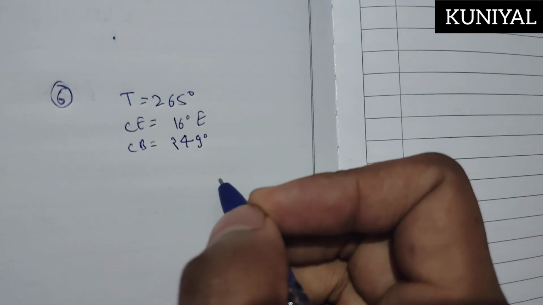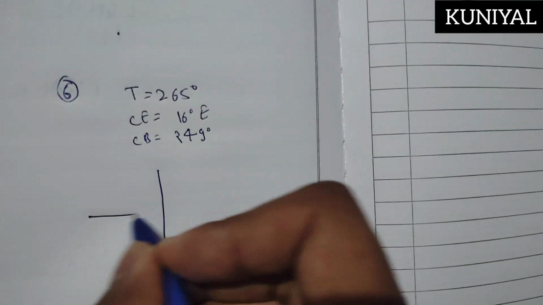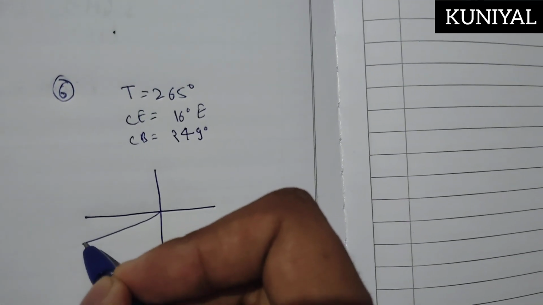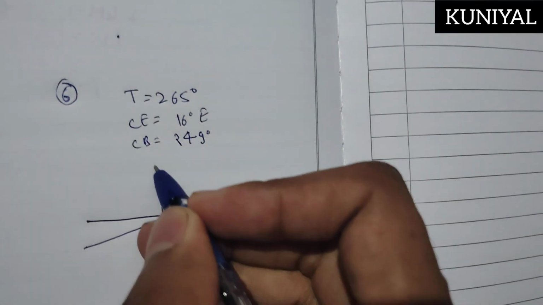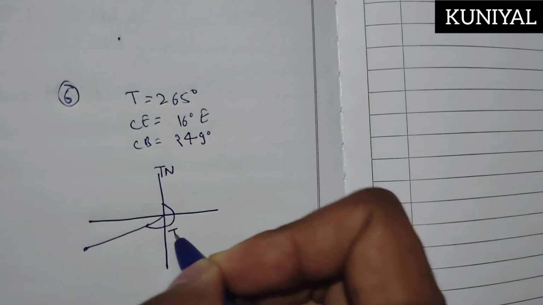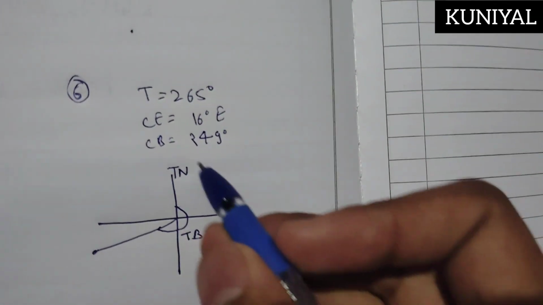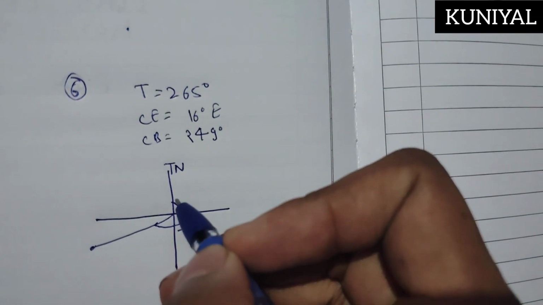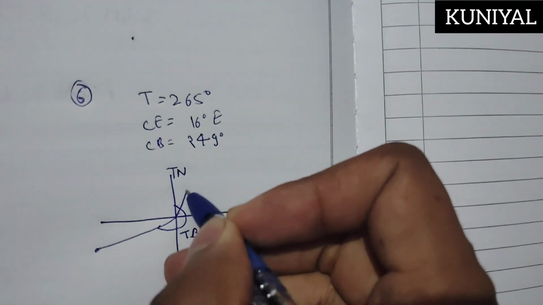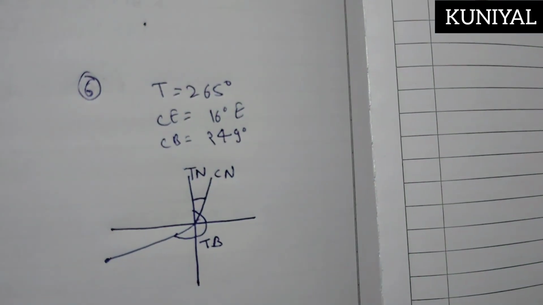And if you do it by the diagram method, then it will be something like this. The true bearing given is 265, so it will be somewhere here. This is true north and here is the object, so this will be the true bearing. The compass error is 16 degrees east, which means compass north will be here, this is 16 degrees east.